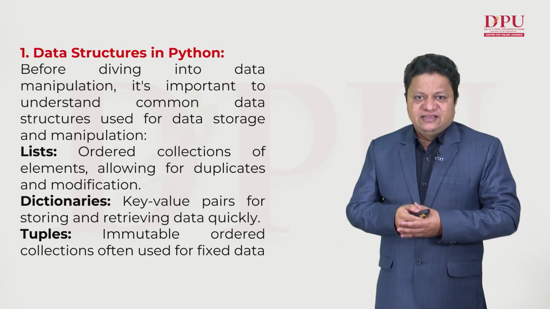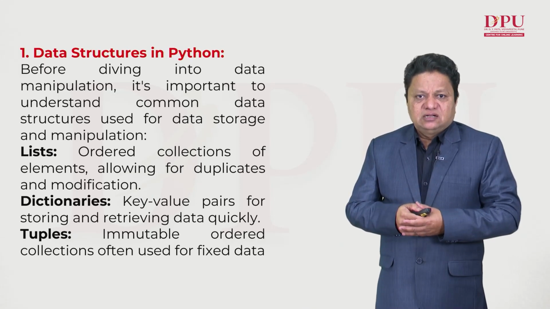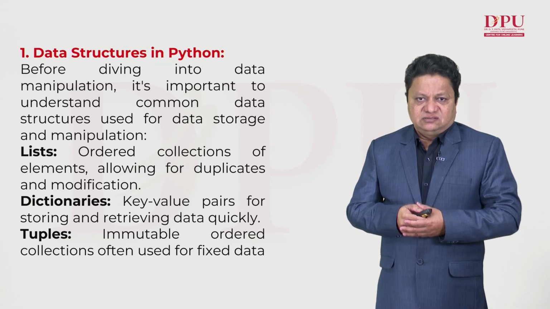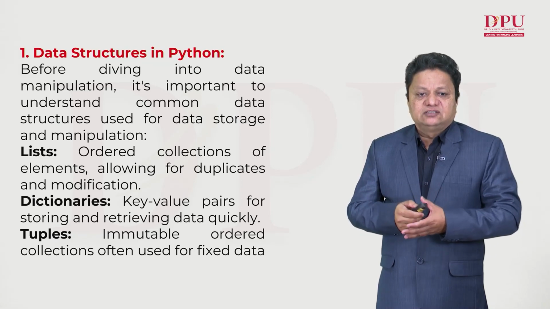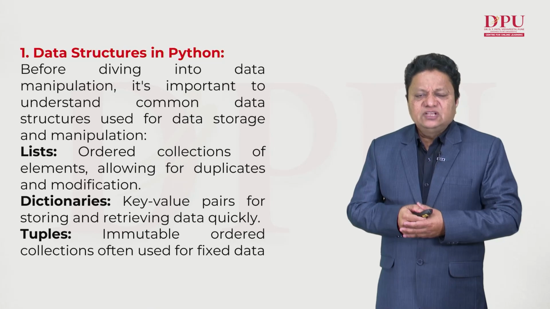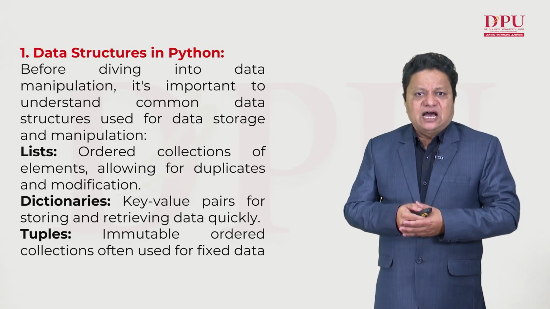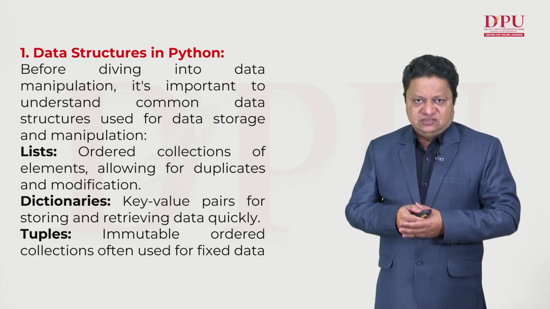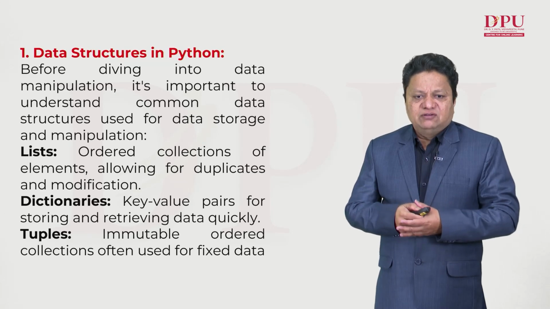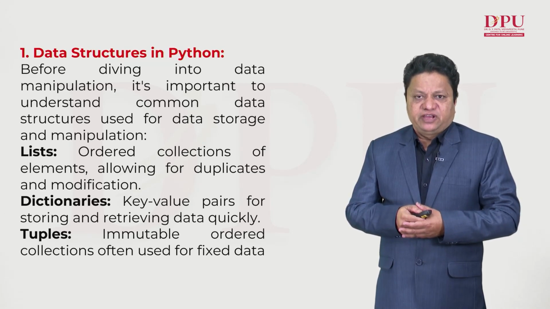The first one is list. List is an ordered collection of elements, where the items in the list are linearly arranged, and the list allows for duplicates and modification. This is very important.